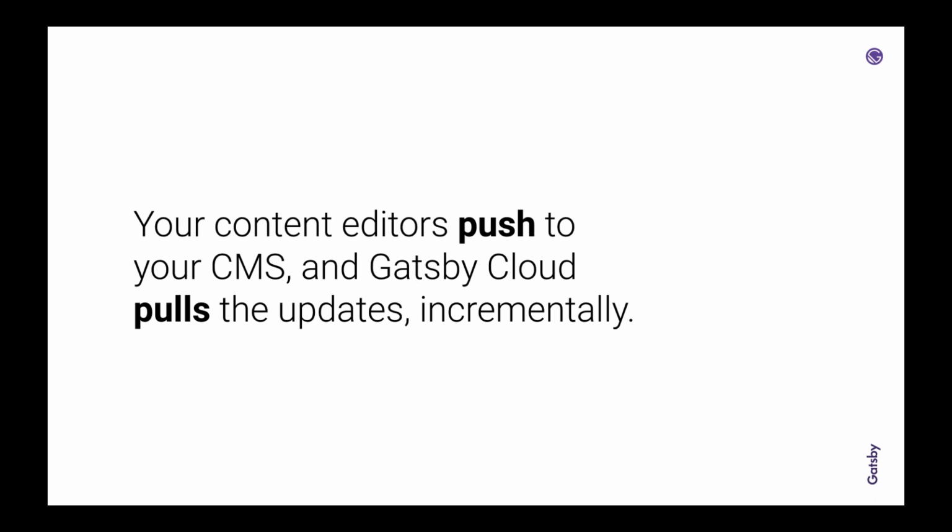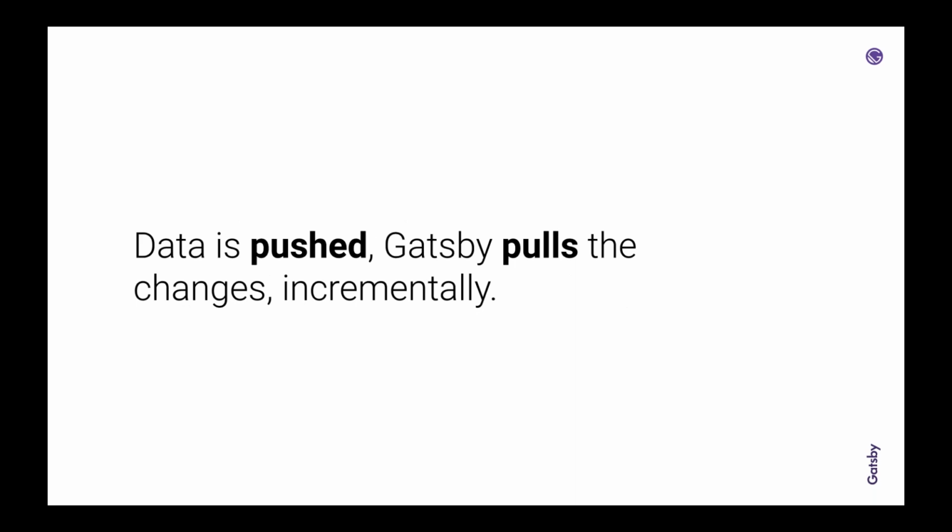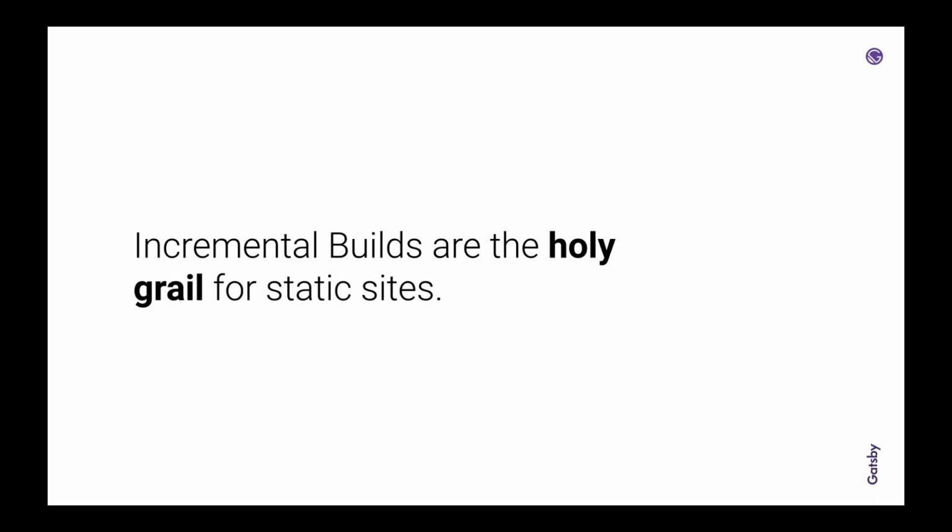This incremental data fetching, this push versus pull model, is essential for true incremental builds. We can stretch this further because Gatsby is data agnostic. We talk a lot about CMSs, but with our thriving source plugin ecosystem, data can come from anywhere. So data gets pushed, Gatsby pulls the changes incrementally. And as I see it, and I don't want to overstate, but incremental builds to me are really the holy grail for static sites.